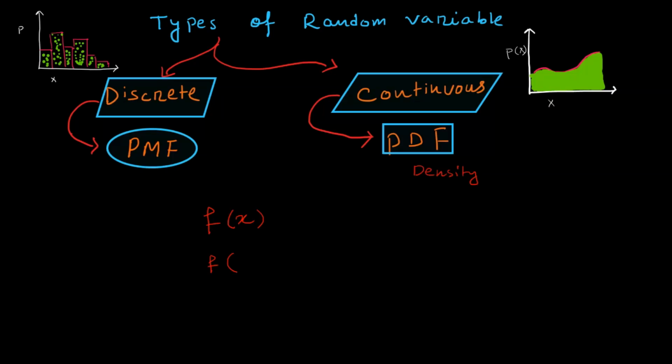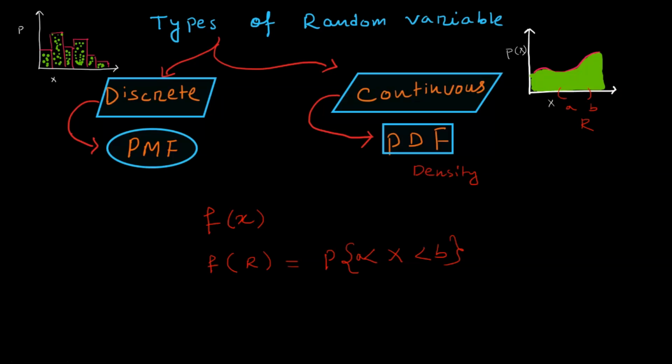For example, in this graph we have AB as the region R. Then f(R) will give me the probability of x in between A and B. That is the thing that I am getting here. So PMF is probability mass function that gives probability at a particular point, whose extension is probability density function.